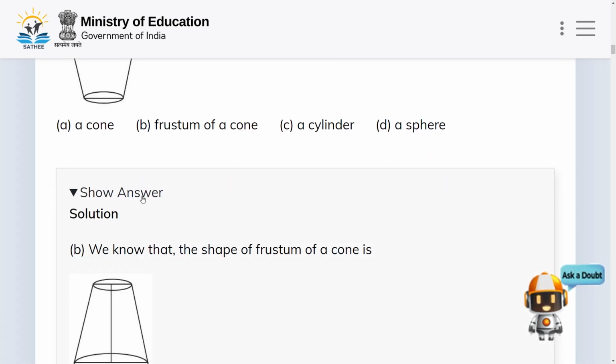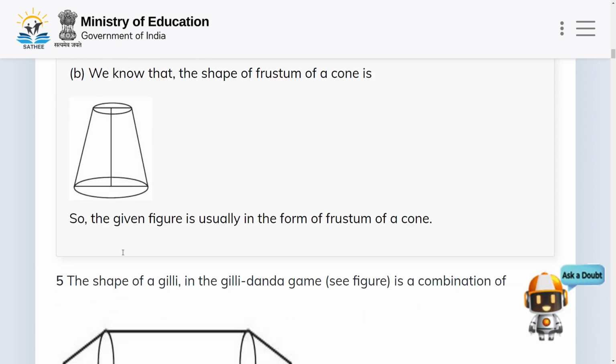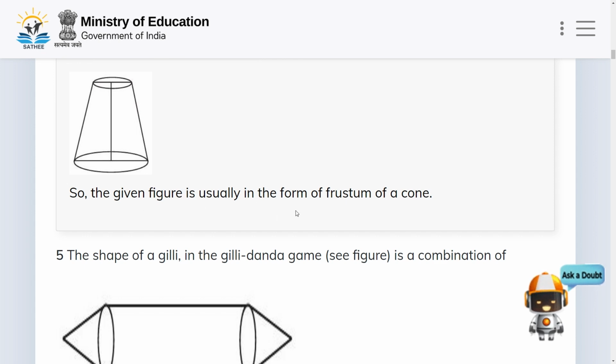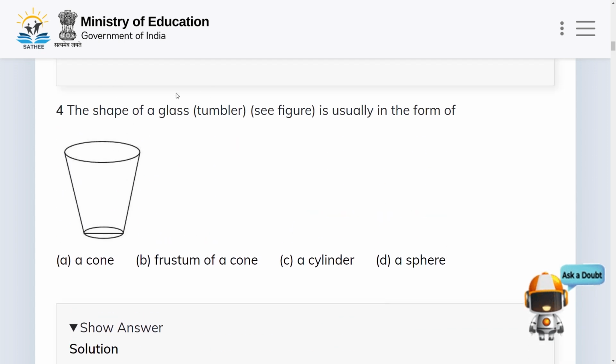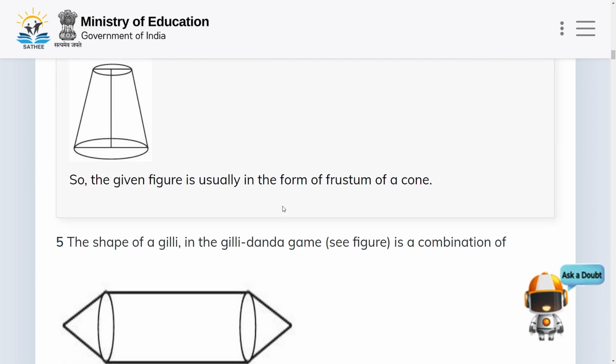Here you know that the shape of the frustum of a cone looks like this, and so the given figure is usually in the form of a frustum of a cone. So the shape of a glass tumbler is usually in the form of a frustum of a cone. Here option B is the correct answer. And now let us move to the next problem.